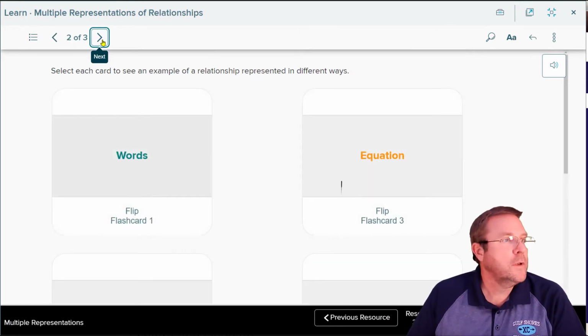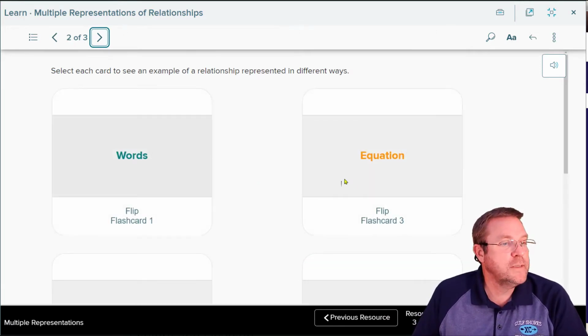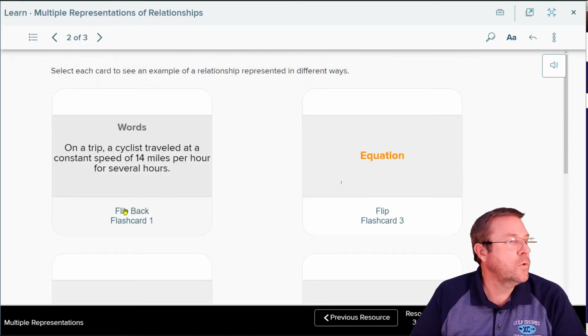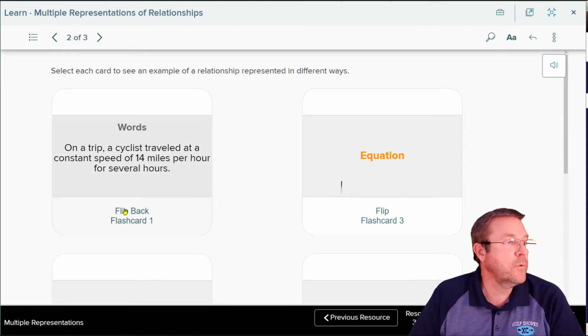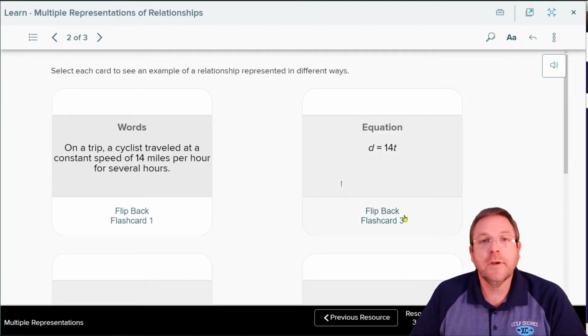So let's take a look at different ways that we could use these four things to represent data. For example, in words, it says on a trip, a cyclist traveled at a constant speed of 14 miles per hour for several hours. You could represent that as an equation saying that the distance d is equal to 14 times the time t.